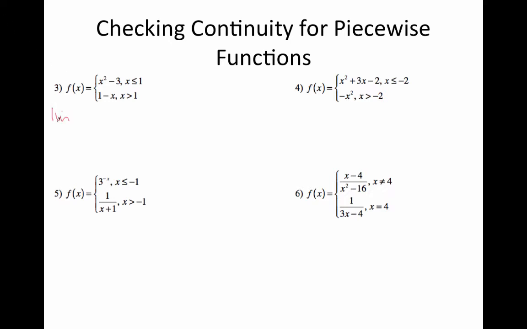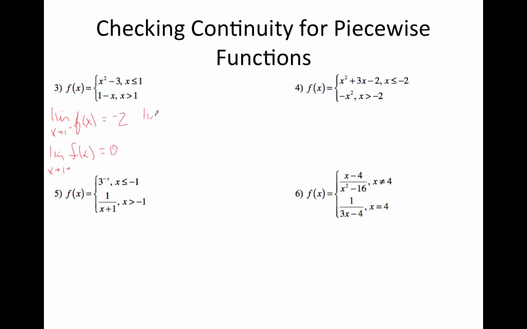First we'll look at the limit as x approaches 1 from the left, and that means we're looking at values of x less than 1. So we plug in 1 for x squared minus 3, and we get negative 2. We'll do the same thing when we approach 1 from the right. Now we plug into the bottom function. Well, we get 1 minus 1, which is 0.